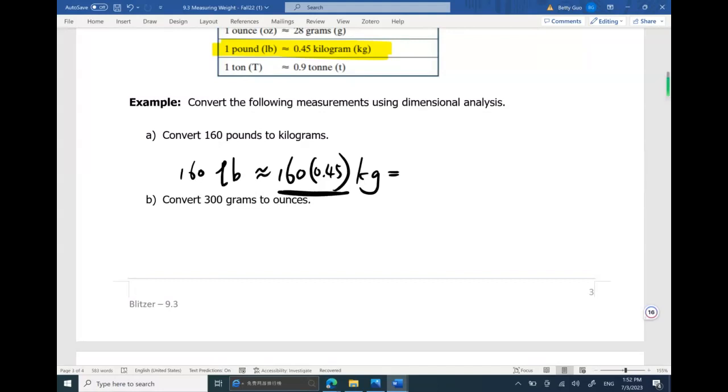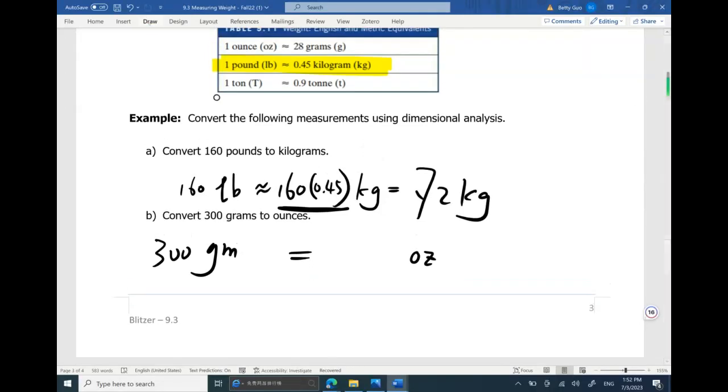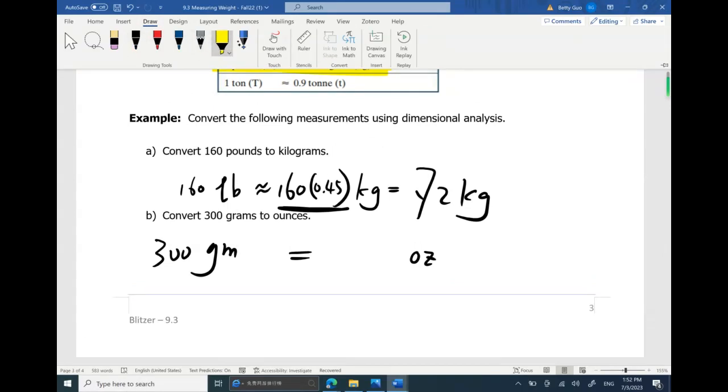That's how you know you're going to multiply by 0.45, because 0.45 is a factor less than 1. 160 multiplied by 0.45 gives us 72 kilograms. 300 grams to ounces. Let's see. Yeah, the conversion equation is right here.